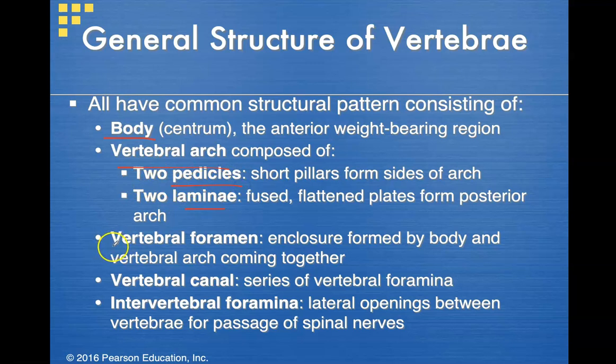And then we'll have the vertebral foramen. So the body and the vertebral arch will encircle the vertebral foramen. And that vertebral foramen, I'll show you in just a minute, is where the spinal cord is going to move through. Again, foramen, remember, being an opening. And then all of the vertebral foramina of all of the vertebrae together are going to form the vertebral canal, or the spinal canal.